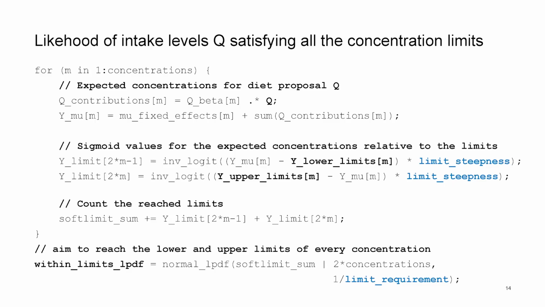And this is the implementation of the constraints. So we are calculating the expected values and counting the points, or the reached limits, that we have there. And we are using a normal distribution to see that we are really meeting all the limits, and we want to do that.